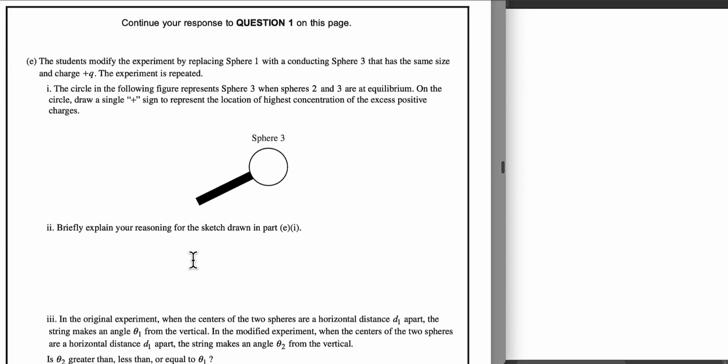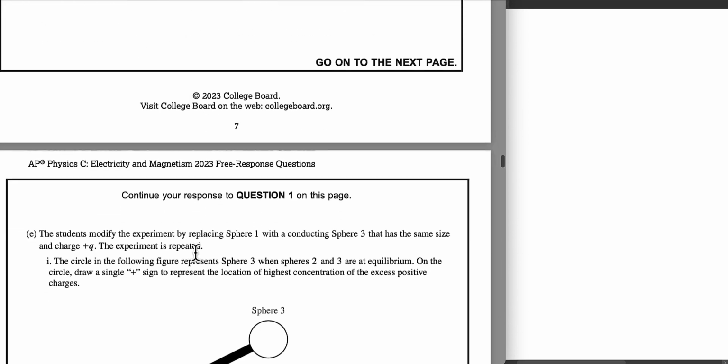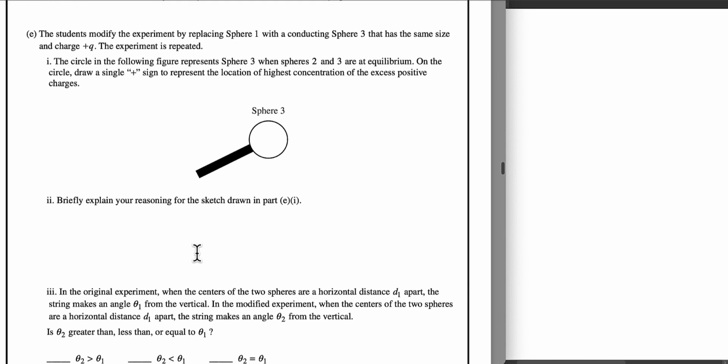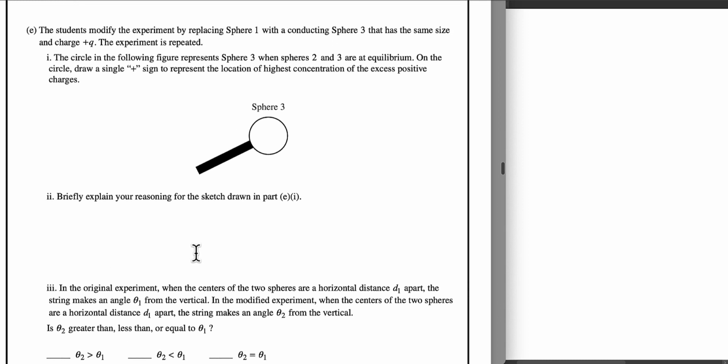Okay, so now let's go to the next question, this one, E. The students modify the experiment by replacing sphere 1 with a conducting sphere 3 that has the same size and charge positive Q. The experiment is repeated.